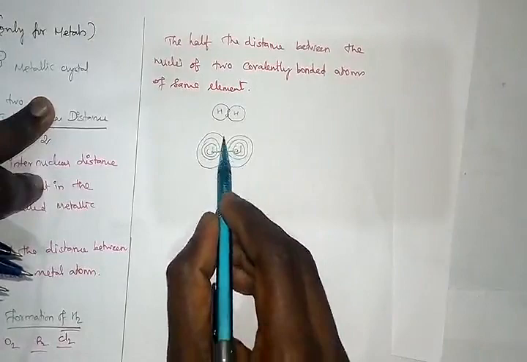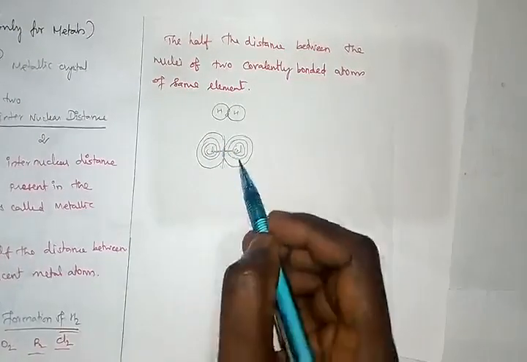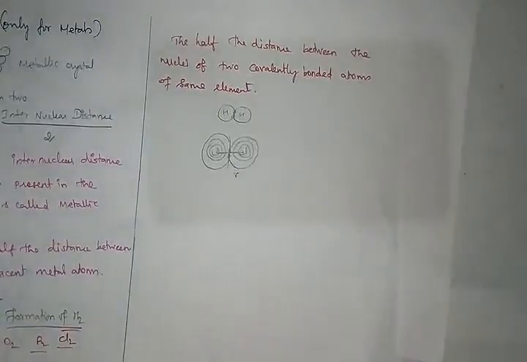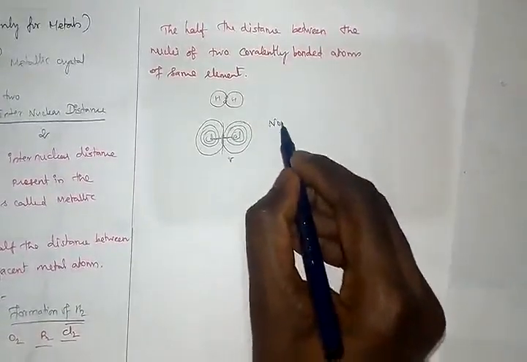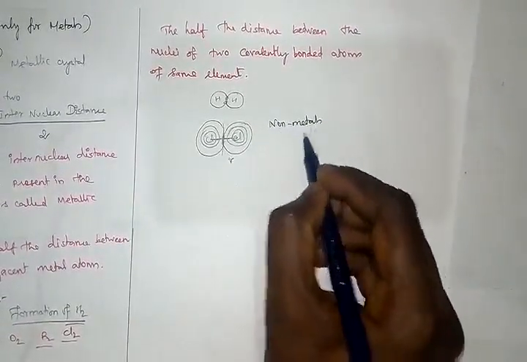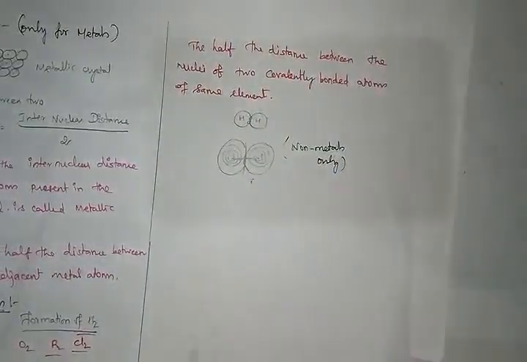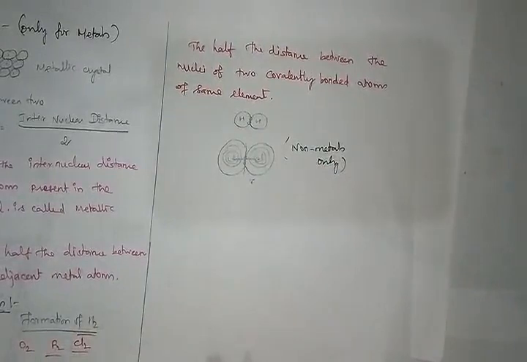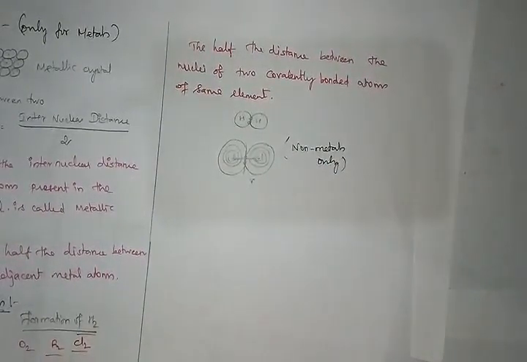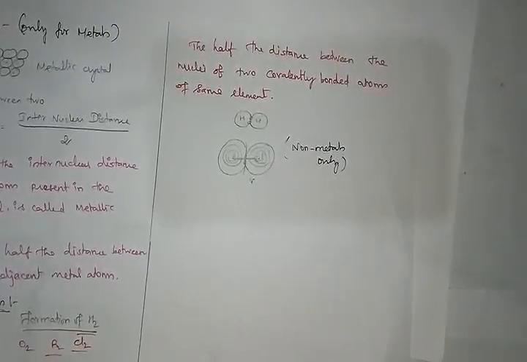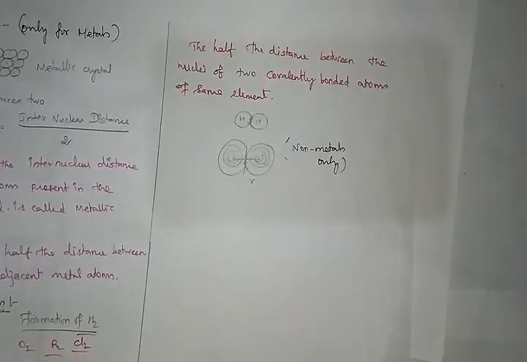If you calculate this distance from center to center and divide it into half, we call that radius the covalent radius. This is only applicable for non-metals. We cannot compare the metallic radius with the non-metallic radius, because both will have different values. It is a distinct property. Metals we can compare with metals, and non-metals with non-metals.